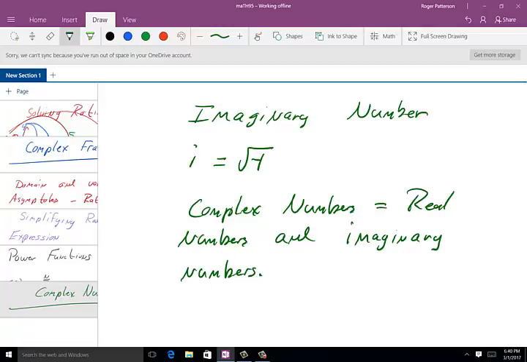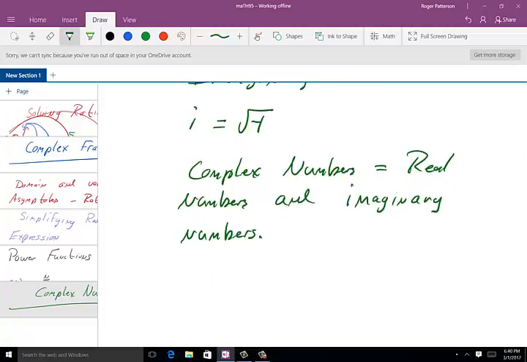Okay. So what does that look like? Well, anything in the form a plus bi, where a and b are real numbers, is a complex number.